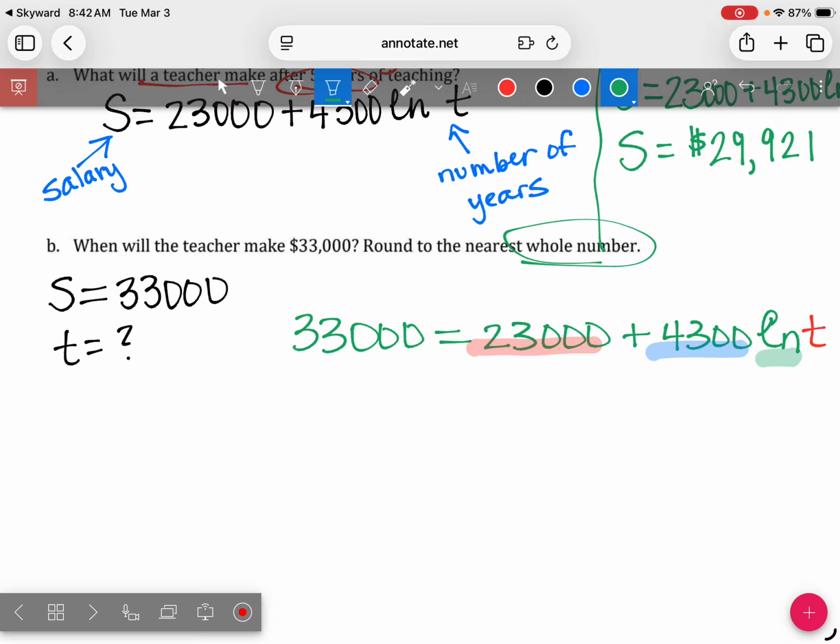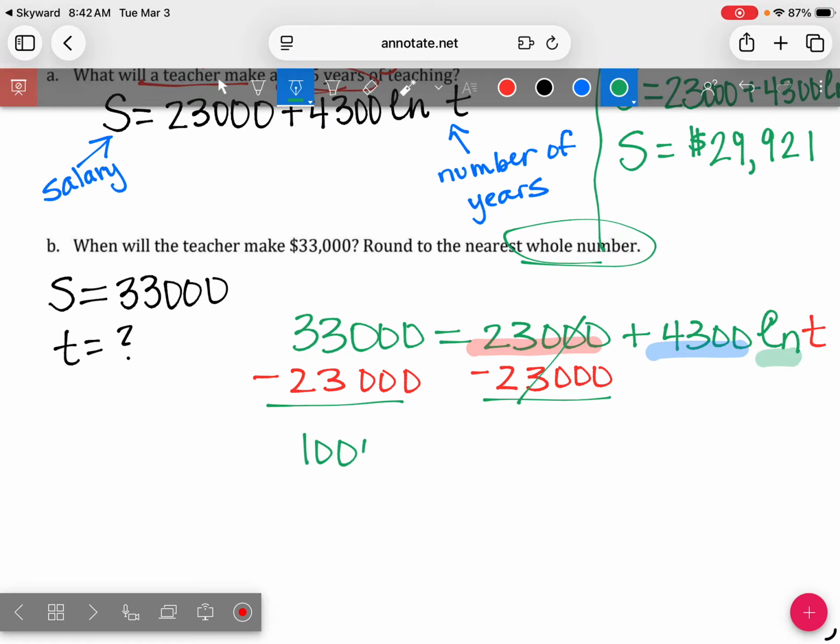All 3 of those things have to go. So the first thing I'm going to get rid of is the 23,000. It's being added, and the opposite of addition is subtraction. So let's do that. So you should have 10,000.